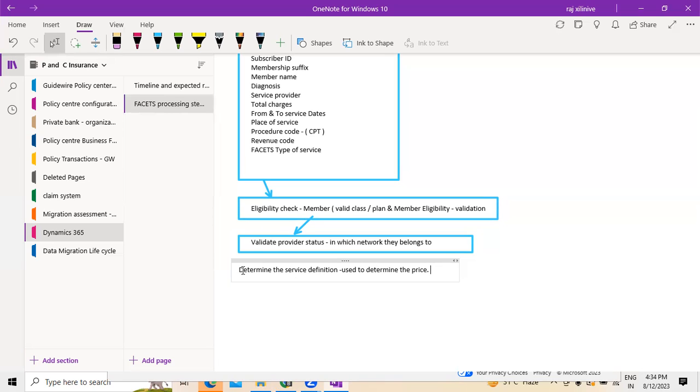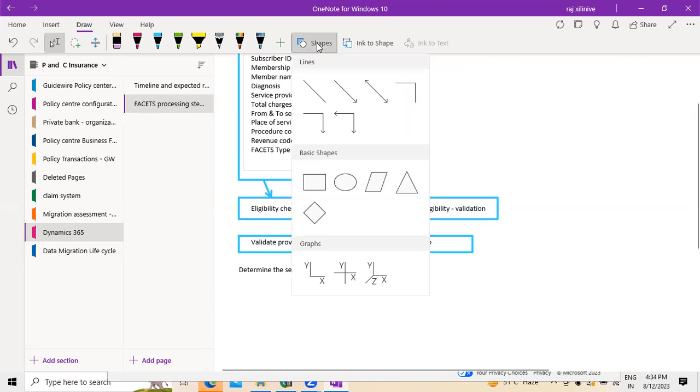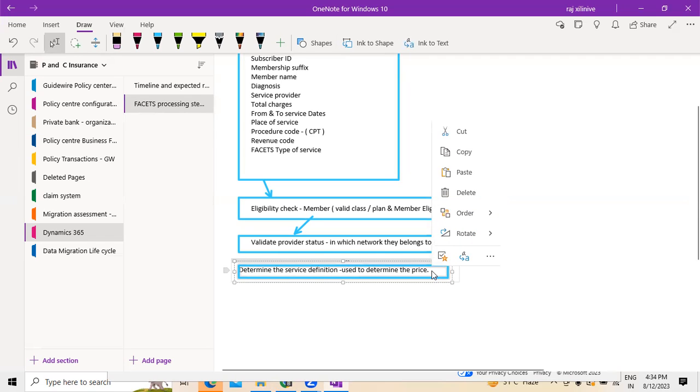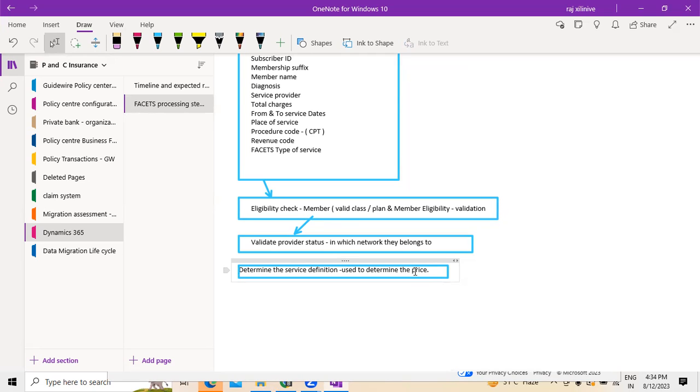Yeah, good. So we need to determine the service definition in reference to the price they have mentioned, and those details have to be updated subsequently over here. Whenever we talk about service prices, this is majorly based on the agreement providers have, because normally providers have an agreement with the payer companies, right?